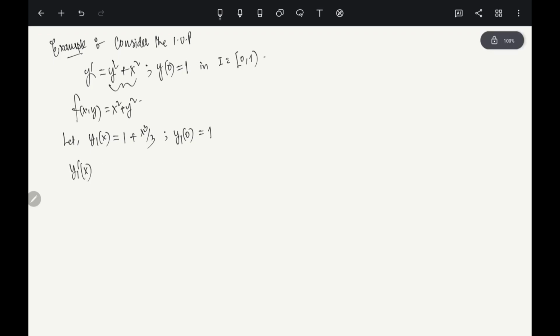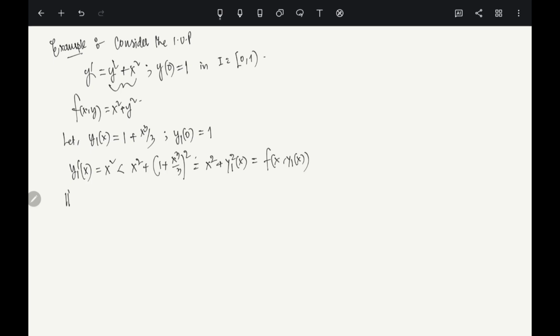Let's calculate this. It is x square, which is dominated by x square plus (1 plus x cube by 3) square, which is nothing but x square plus y1 square. So I have a y1 such that y1 prime of x is strictly less than x square plus y1 square, which is f of x, y1 of x.